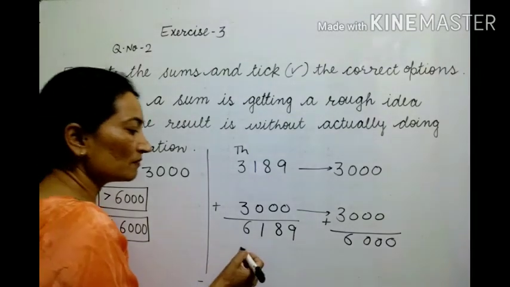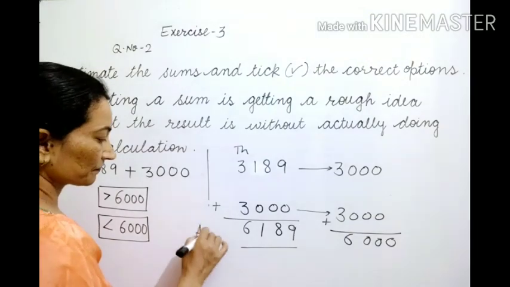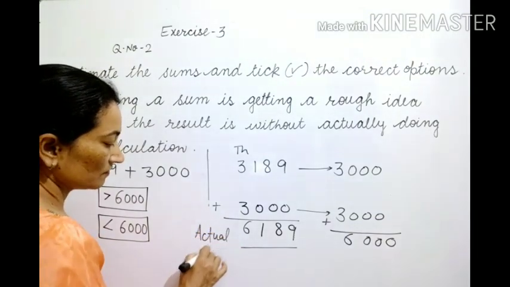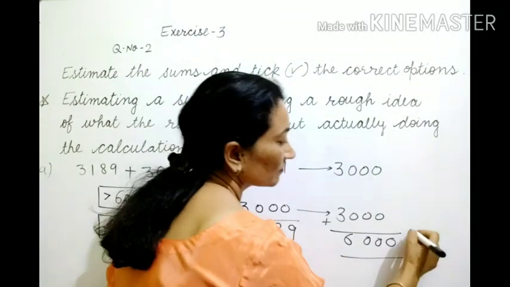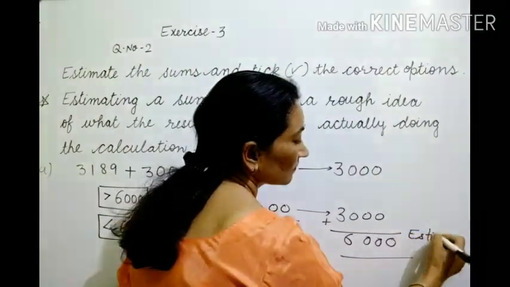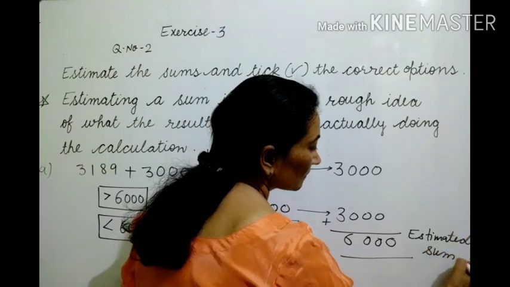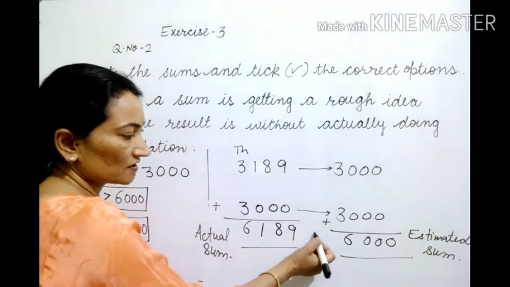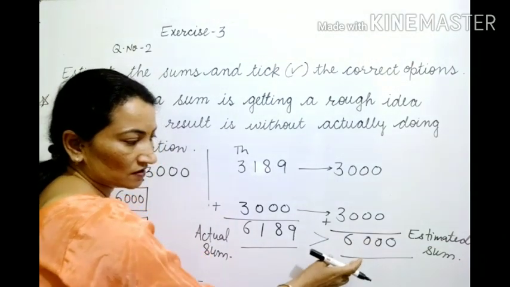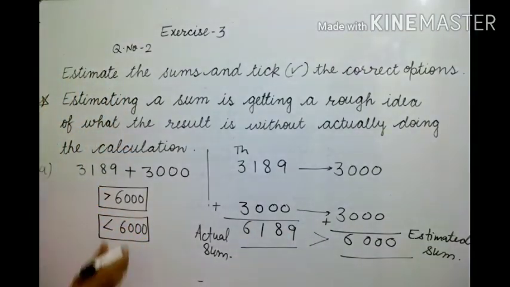Now which number is greater, the actual sum or the estimated sum? This is the actual sum and this is the estimated sum. 6,189 is greater than 6,000. So our answer is greater than 6,000.